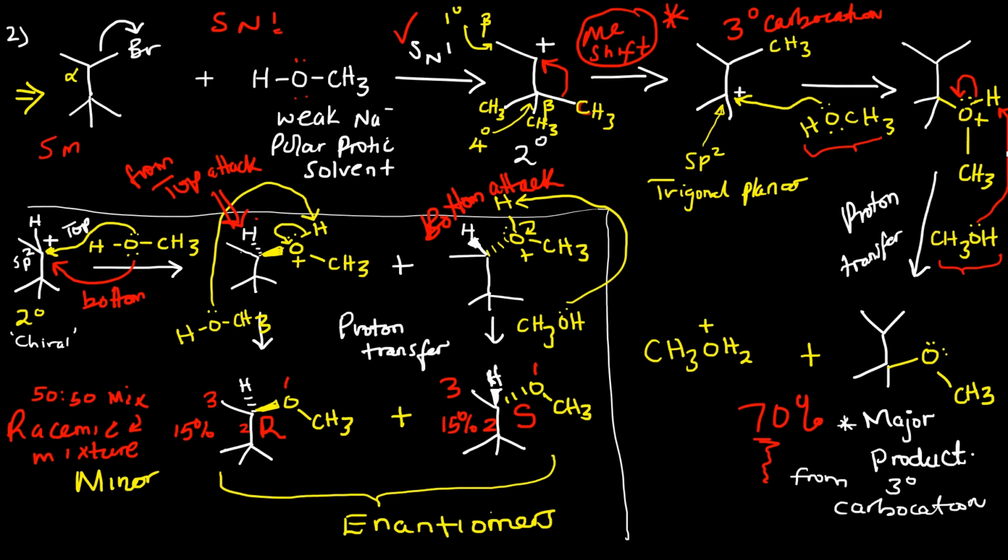In this case, we'll use it as a base to take out that hydrogen. You neutralize the oxygen. At the same time, that CH3OH now becomes CH3OH2+. So that gives you the major product, because the nucleophile is sitting on the more substituted carbon coming from the tertiary.